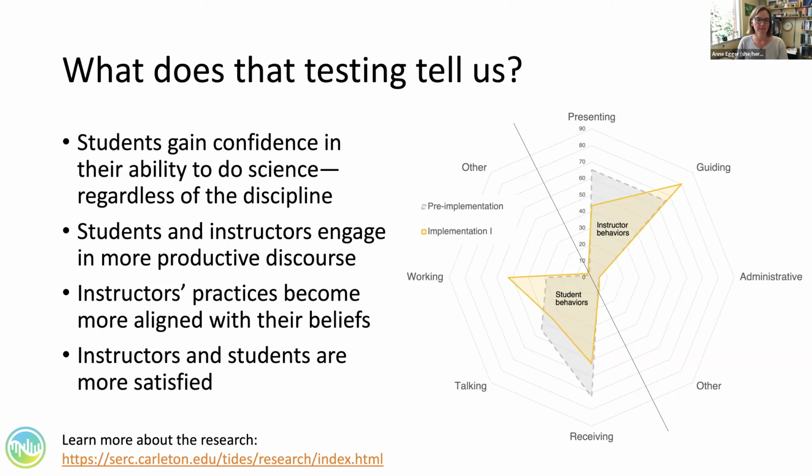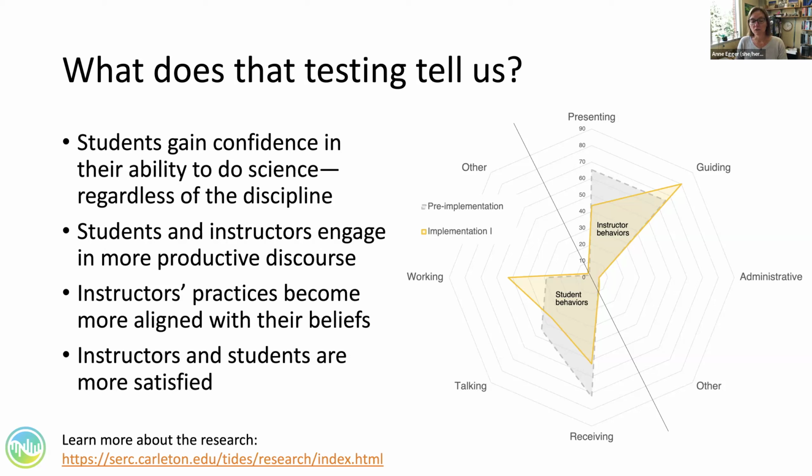And one of the things that we're looking for is not just more content knowledge. That's actually probably the less important component of this than really confidence in their ability to do science. So we do see those gains regardless of the discipline of the class that they're in. We see that students and instructors are engaged in more productive discourse or discussion about the work that they're doing.